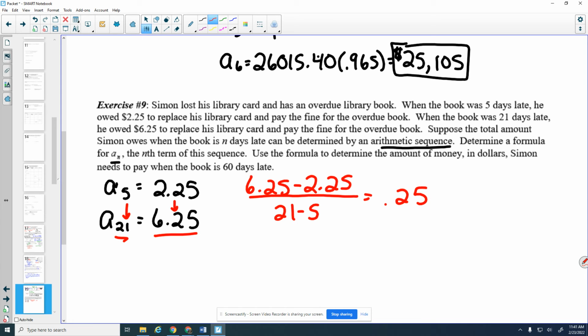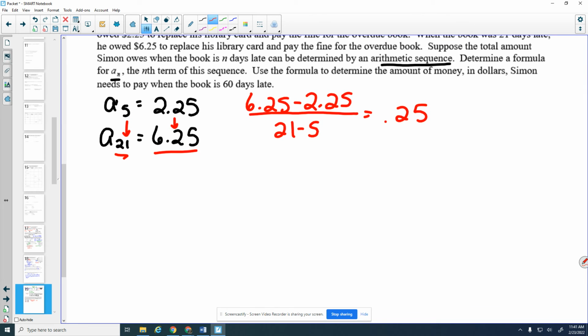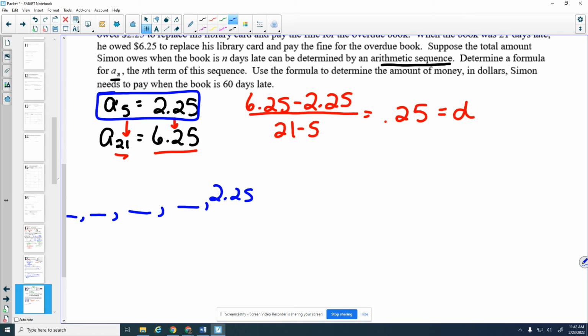Now the other thing I need to do to write an a sub n formula is I need to know my start value. So just to label this, this is d. Now, there are multiple ways to do this. I'm going to think about this number, and that's my a sub 5. I didn't do great with spacing, but we're going to back up to a sub 1.